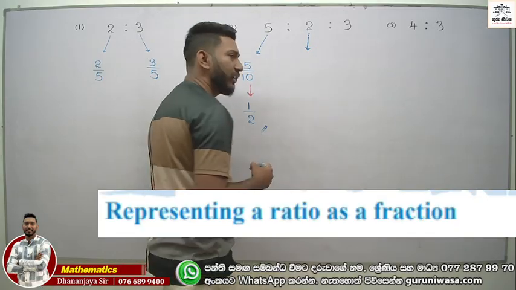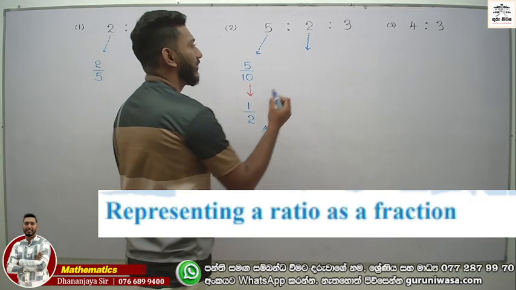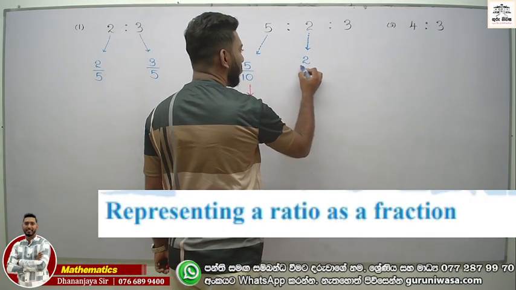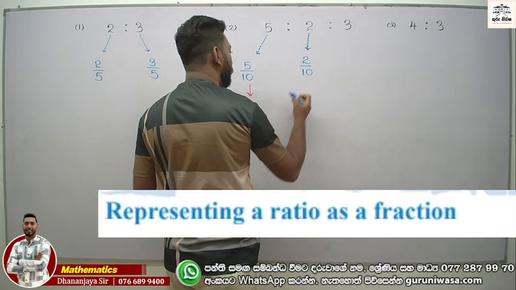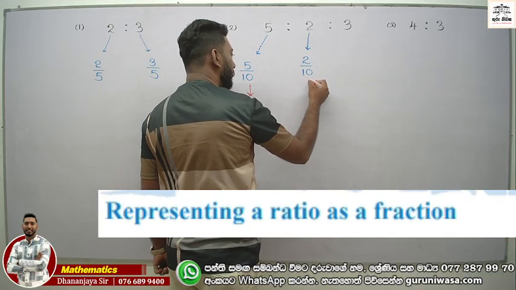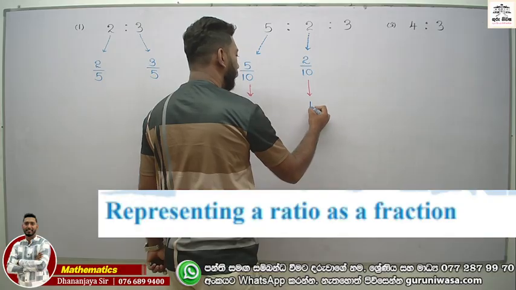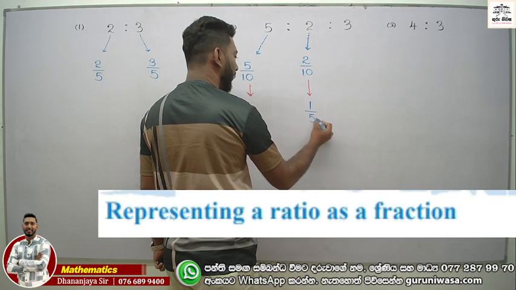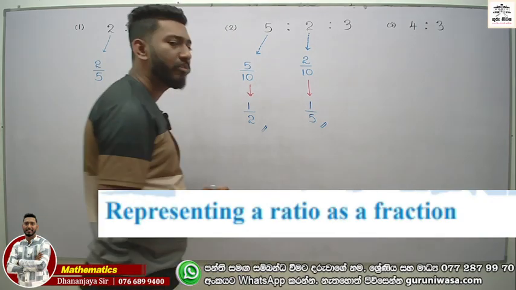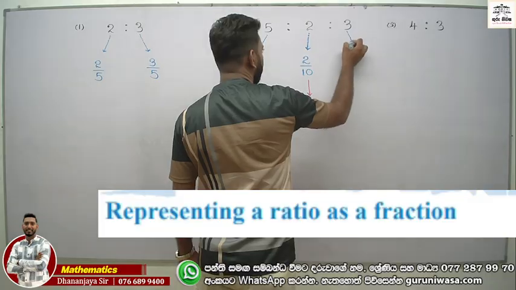Tell me what is the representing fraction for the middle one. 2 over 10. Well done. As well, you can simplify. 2 and 10, both numbers you can divide by 2. Therefore, 2 times 1 and 2 times 5. This one you can also write as 1 over 5. Now, last one. What is the answer?